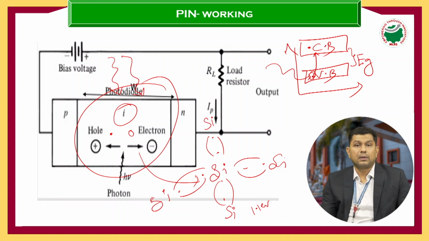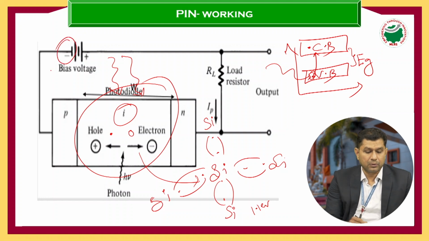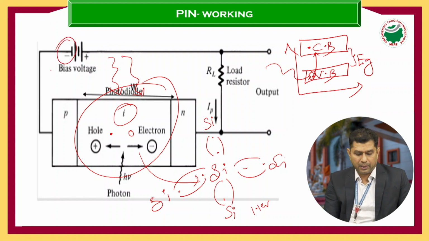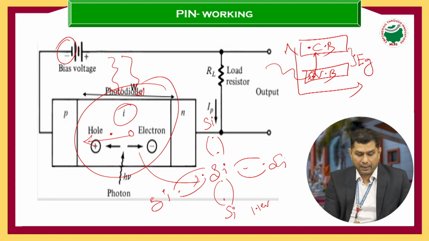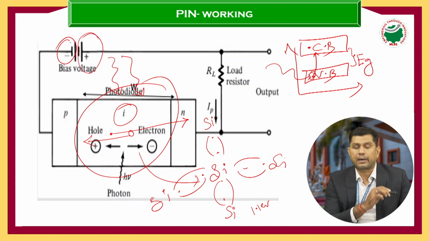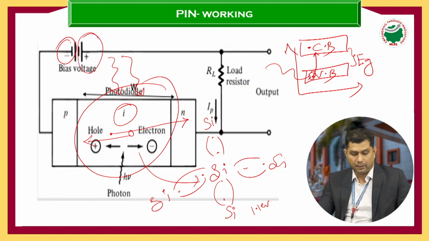Already I told you this pin diode is usually operated in reverse bias. Here this is the negative terminal, so it attracts the holes because they are positive. That's why holes are drifted towards the p side and electrons are drifted to the n side, as the n side is connected to the positive terminal.